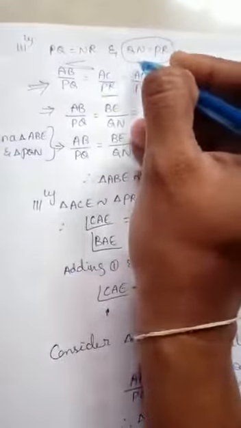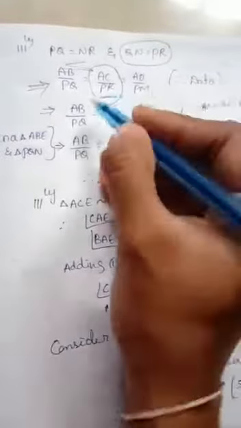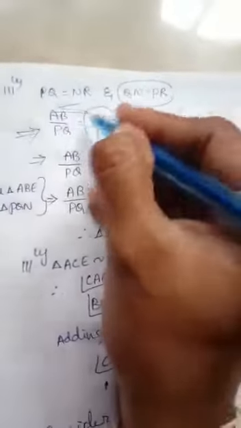We have already proved the value. Substitute the value of AC and PR in the data. We get AC is equal to BE and QN is equal to PR.